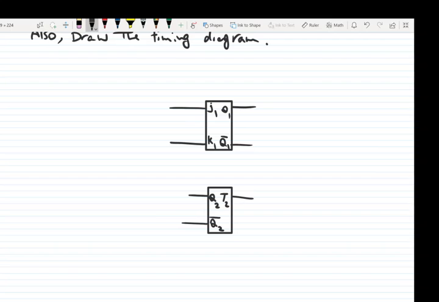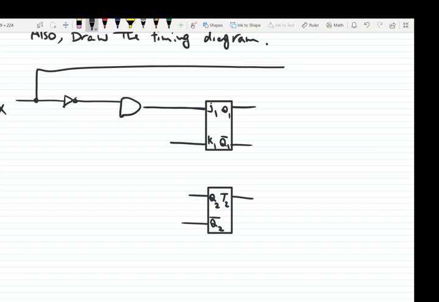Let's see how the connections are. J1 is connected to an AND gate with two inputs. The first input is the complement of X, which is the input. The input X also goes to another AND gate that provides the Z output, and the other input of this AND gate comes from Q1.